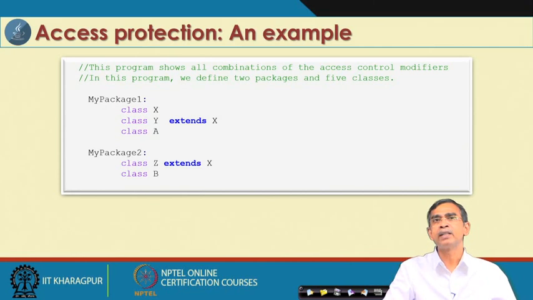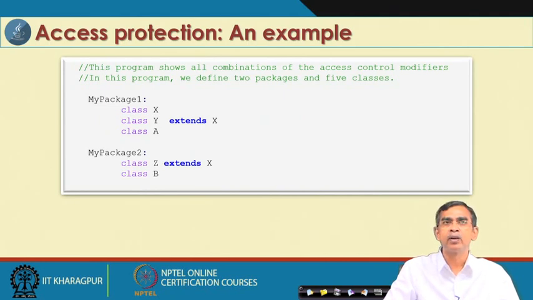In my package 1, we plan 3 classes: class X, class Y, and class A, which belong to the my package 1 directory, and class Y is basically a subclass of class X. And as I told you, if they are all members of a package, they should be declared as public.